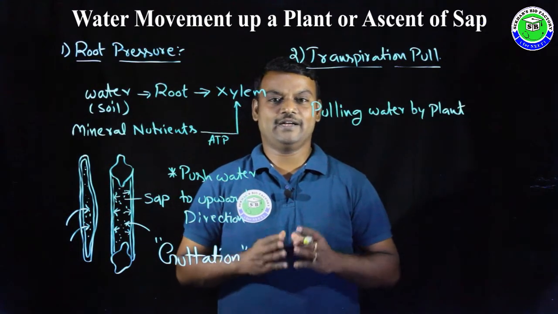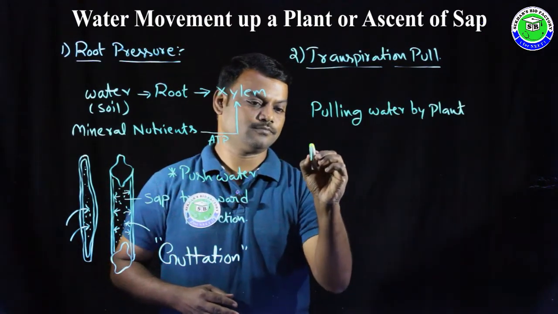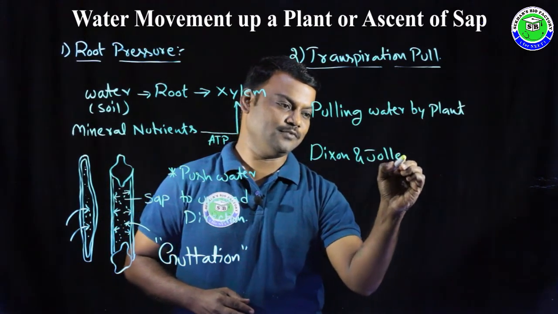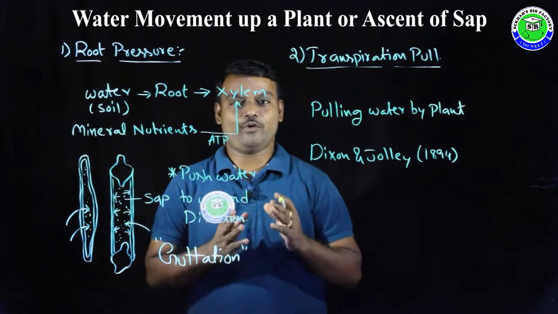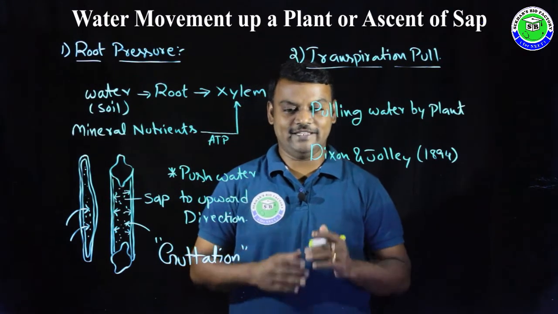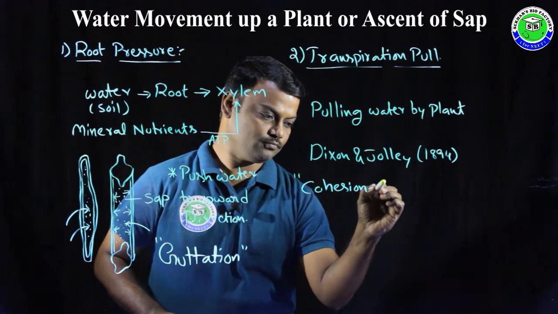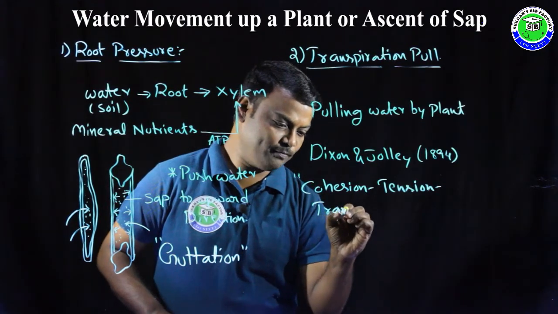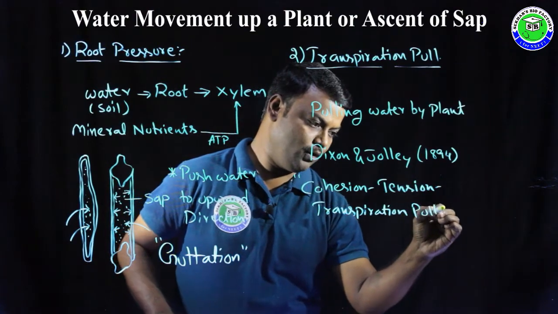To explain the transportation of water over long distances, two scientists, Dixon and Joly, in the year 1894, proposed one important theory, and this model is called the cohesion tension transpiration pull model.